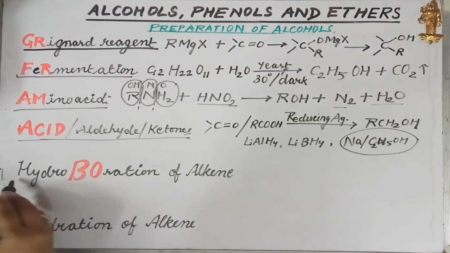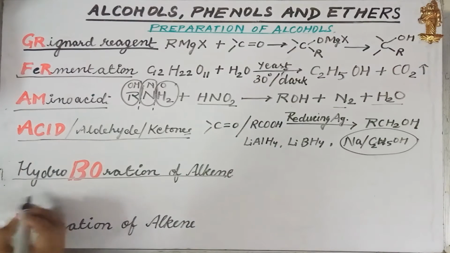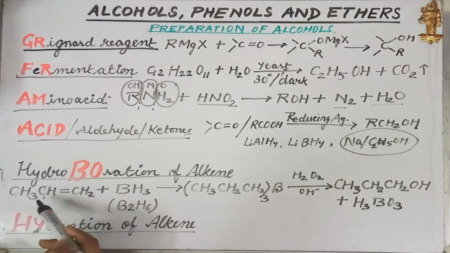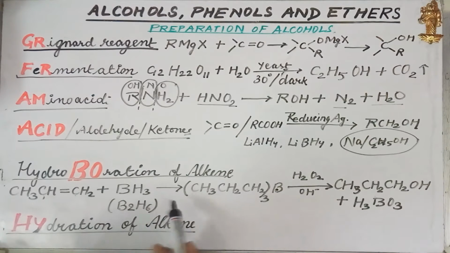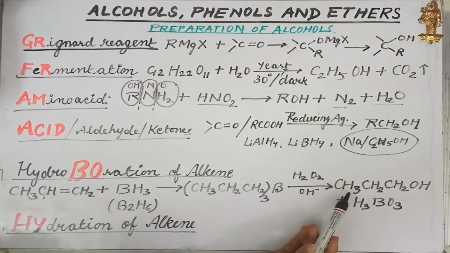Next kind of reaction, and a very important reaction, is hydroboration of alkene. In hydroboration reaction, diborane is added to the alkenes to give a product which further on hydrolysis in the presence of H2O2 gives alcohol.